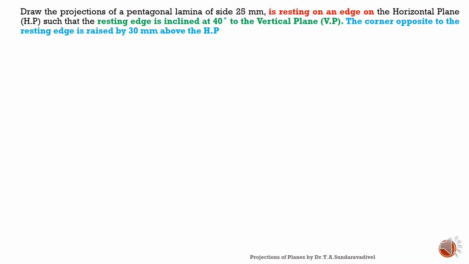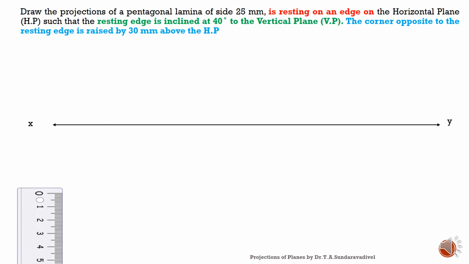First, I am drawing an XY line, then marking XY, then keeping the scale perpendicular to the line, and taking 25 mm and getting 2 points.